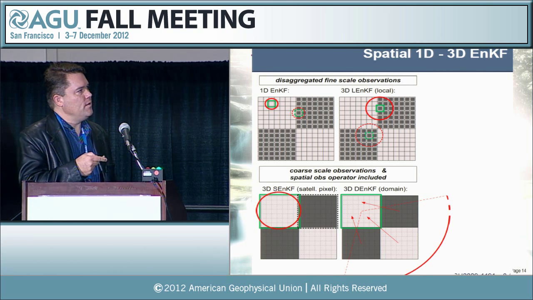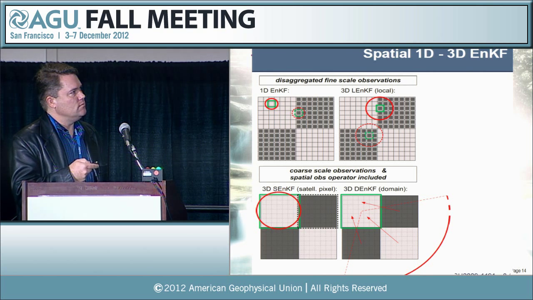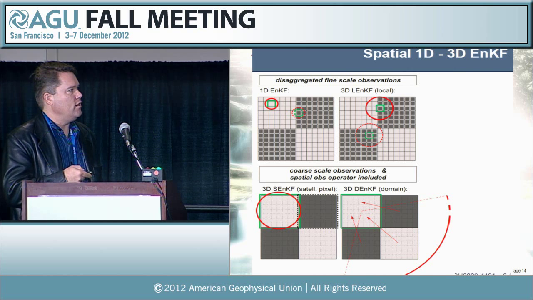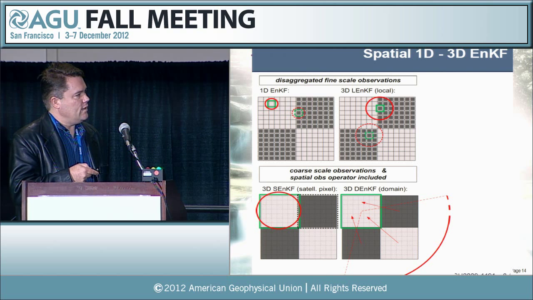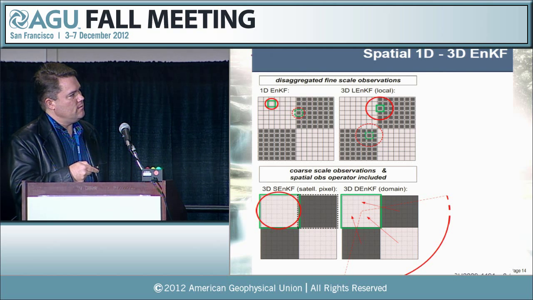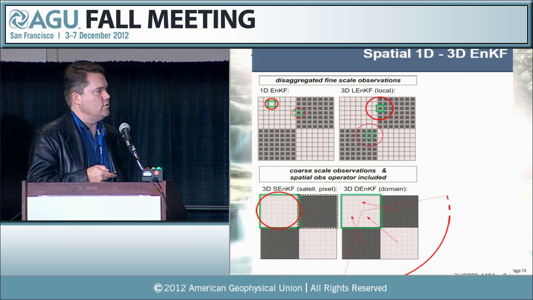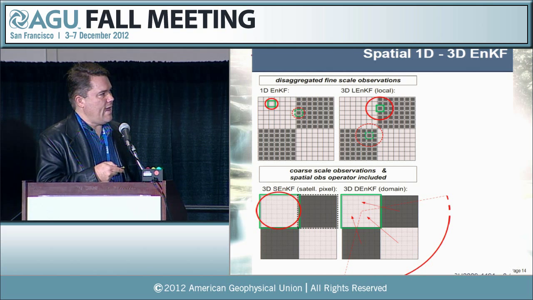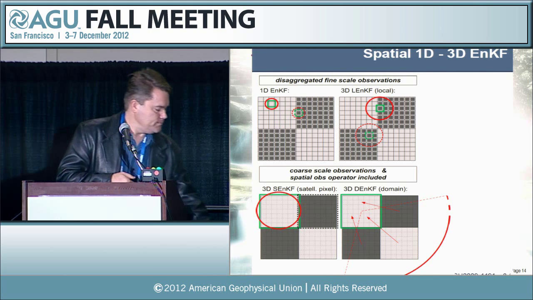Then we can increase the spatial scale of what we look at, make it more complicated, and look at an area around this. Increasing that, we can look at increasingly more complicated spatial scales, or 3D Kalman filters, as we increase how the observations from the vicinity influence each point.